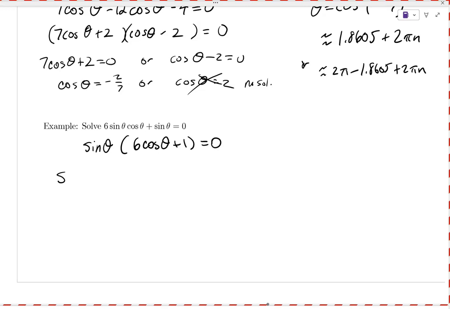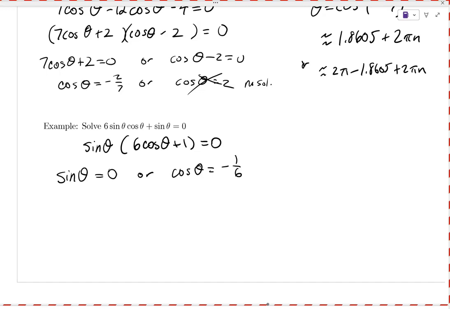And just like every other problem we've done before, we'll set each piece equal to 0. I went ahead and jumped ahead a step and isolated the cosine in the second factor. So we should get sine of theta equals 0, or cosine of theta is equal to negative 1/6.